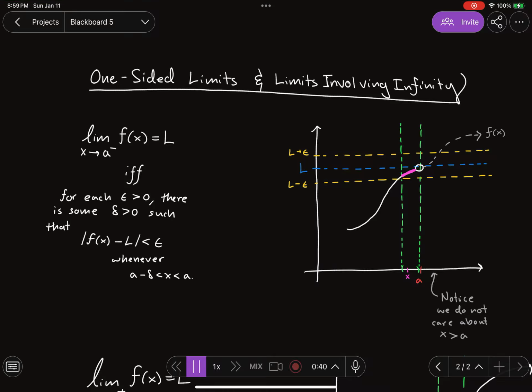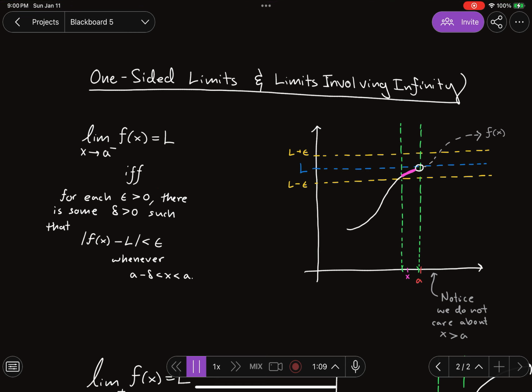Okay, so one-sided limits and limits involving infinity. The limit of f of x as x approaches a from the left. This little negative sign right here means from the left. The limit of f of x as x approaches a from the left is equal to L if and only if, remember that's a biconditional, that means that if this is true, then this is true, and if this is true, then this is true.